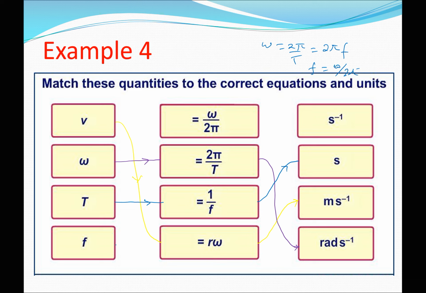So frequency can be, I'll change to green, this one here. And of course, the units for frequency will be per second. Okay. So I think that summarizes all the formulas that we have been using previously, and you should be aware of all these formulas. Okay.